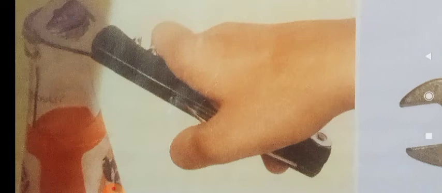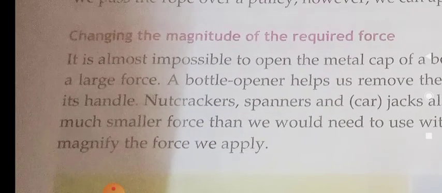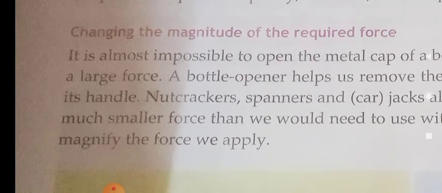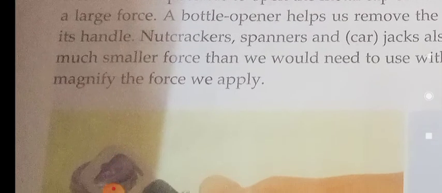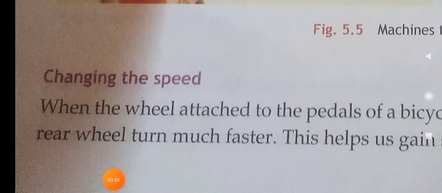We apply a small amount of force, and that force is magnified, made bigger by the machine. That is changing the magnitude of the required force. Did you understand this? Hope you have understood.